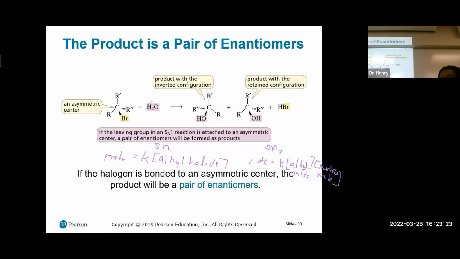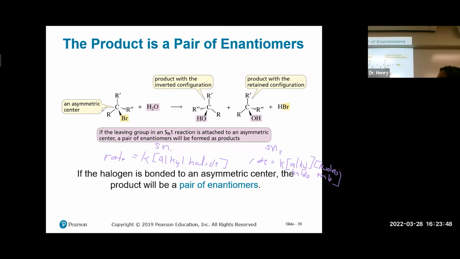Both enantiomers. We're going to get the one that's going from the backside, and the one that's going from the other side. So then we're going to get the S and the R.